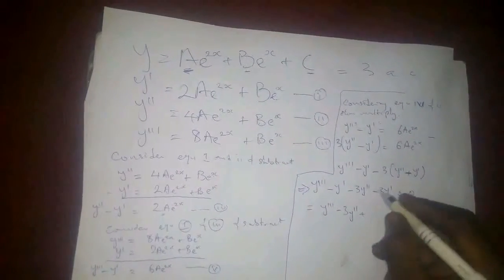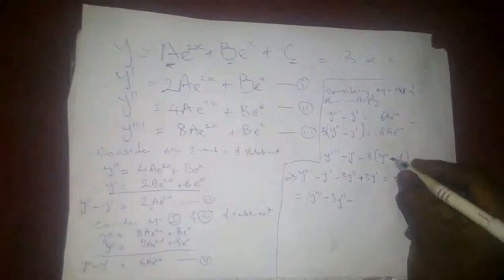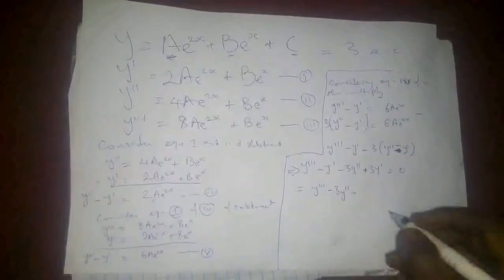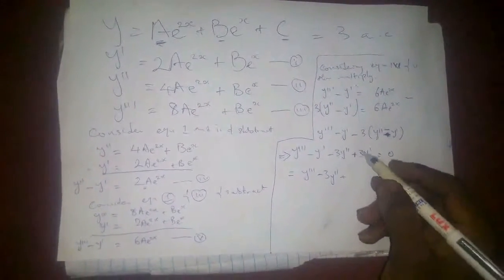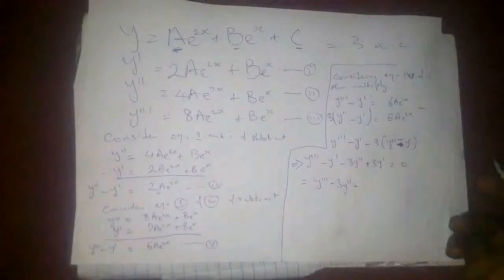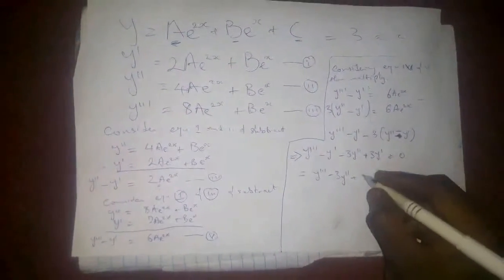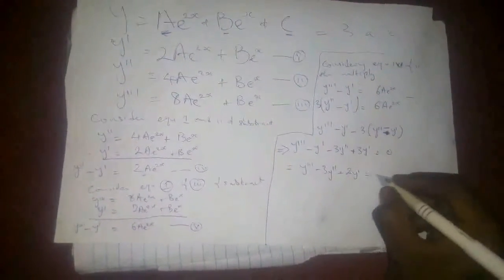Then minus times minus will give you a plus. Sorry, this is a minus. So plus 3y, and minus 3 times minus y' will give you plus 2y', which is equal to 0.